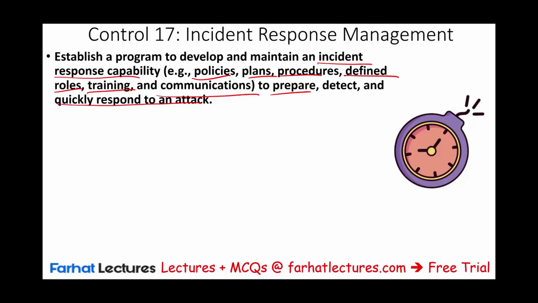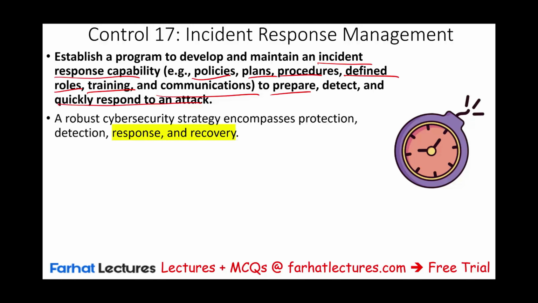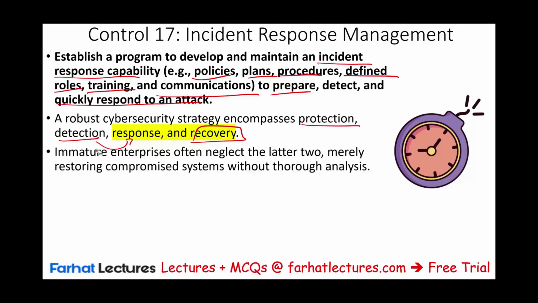Here, what we mean by responding quickly also includes responding in terms of social media, the press, and informing the stakeholders, the people who are involved. So a robust cybersecurity strategy encompasses protection, detection, and when you are penetrated, you have to respond, then recover. Immature enterprises, meaning immature in the sense of cybersecurity, often neglect the last two, response and recovery. They focus on protection and detection without any thorough analysis of what happened.